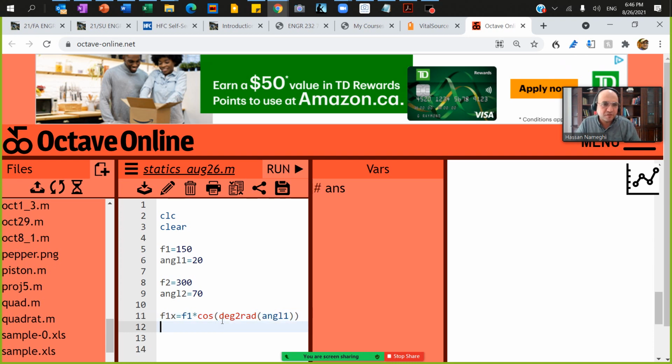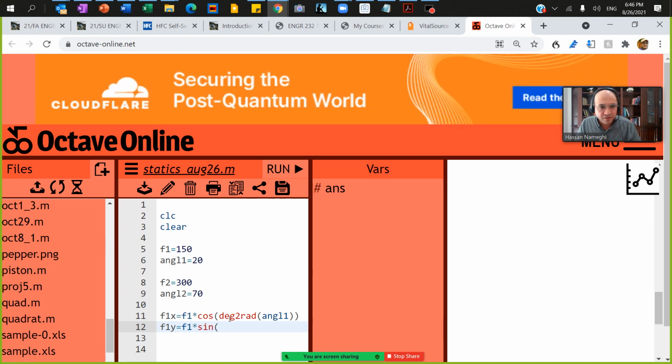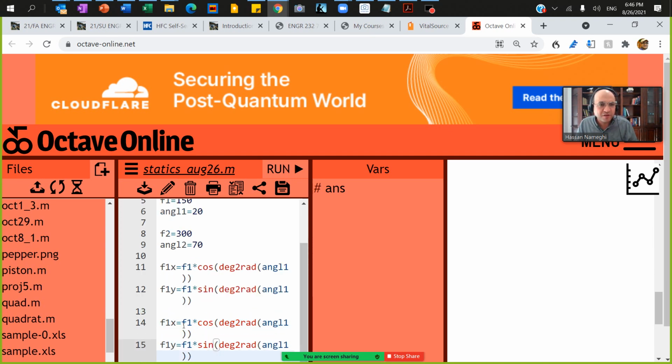So I'm done with this. Now I'm going to say F1y is equal to F1 times sine of, I'm going to copy from what I have there, angle 1. So I can find F1x, F1y. Then I can copy this and rename it for F2x, F2y, right?